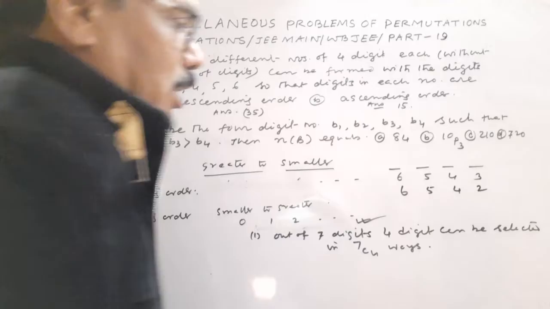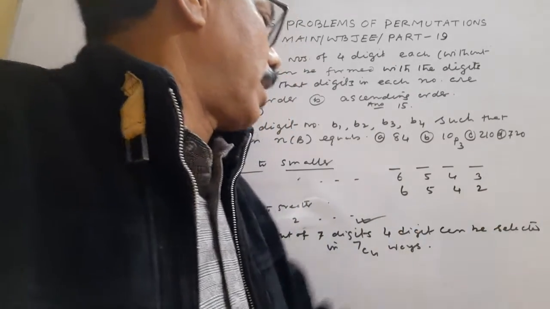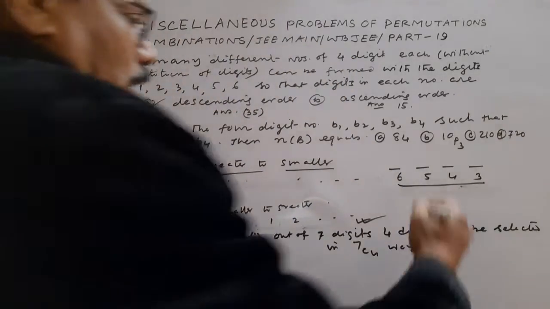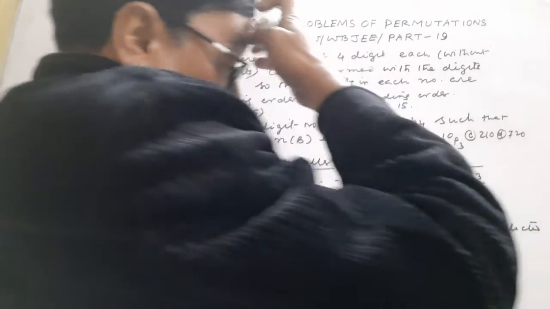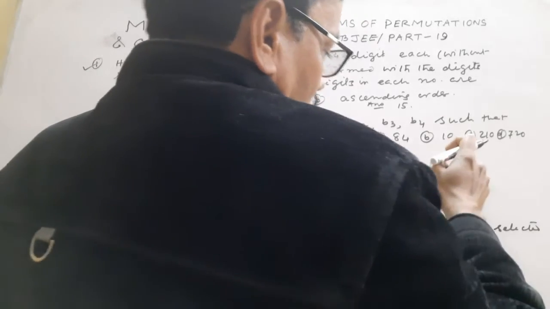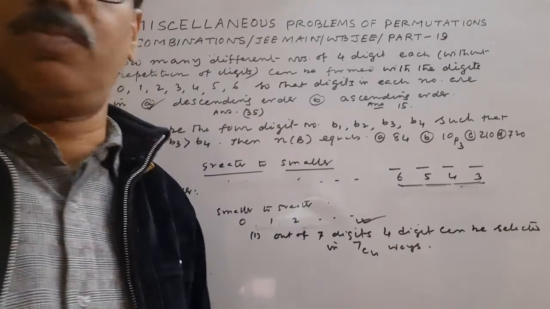If you arrange it, you get only one case, because if you use these 4 numbers we do not get any number other than this one. So out of 7 digits, 4 digits can be selected in 7C4 ways, and the arrangement is only 1.